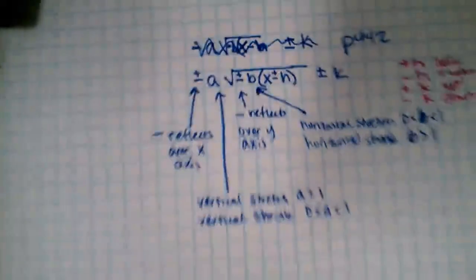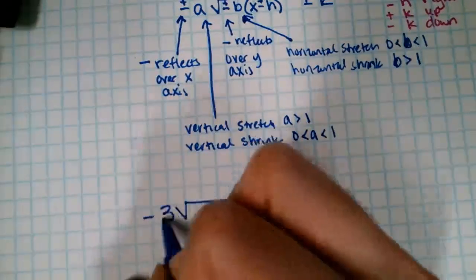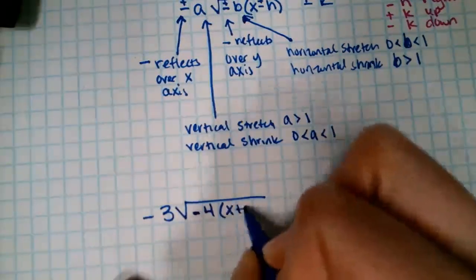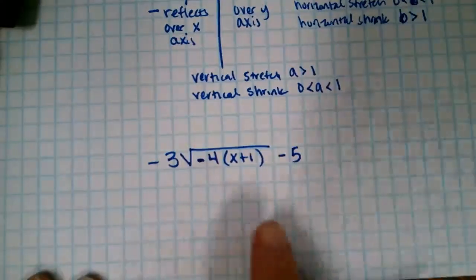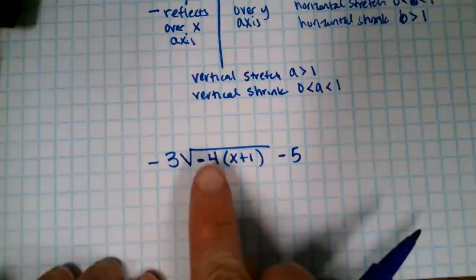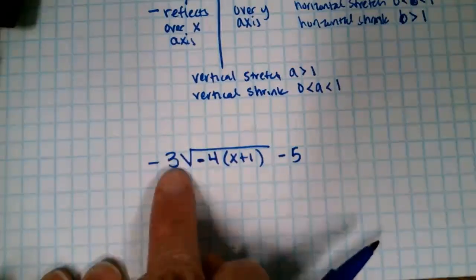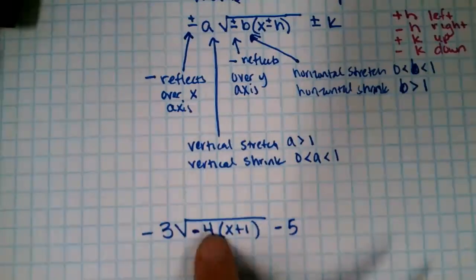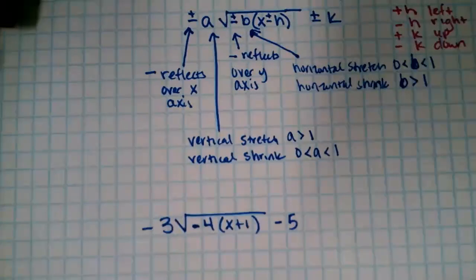Okay? When you have a function, so let's say we have lots of stuff going on. This is a reflection over x, a vertical stretch of 3. A reflection over y, a horizontal shrink by 4, but you do the opposite on the inside, right?